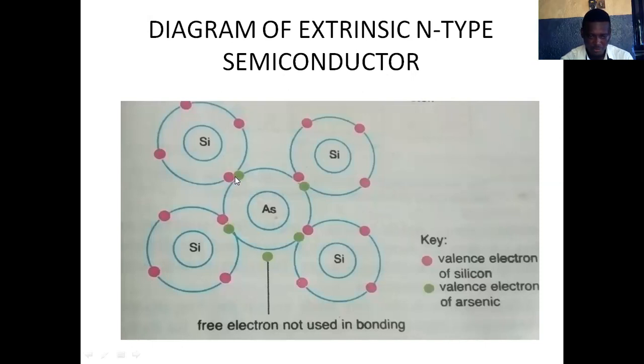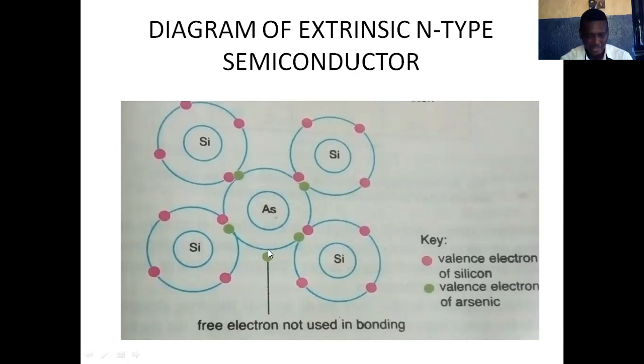During the bonding, 4 is readily available for bonding because this arsenic has 5 valence electrons. So if you look at the diagram very well, this is valence electron for silicon and this is valence electron for arsenic. So in the bonding, there is always one free electron not used, from the valence electron of the arsenic atom.